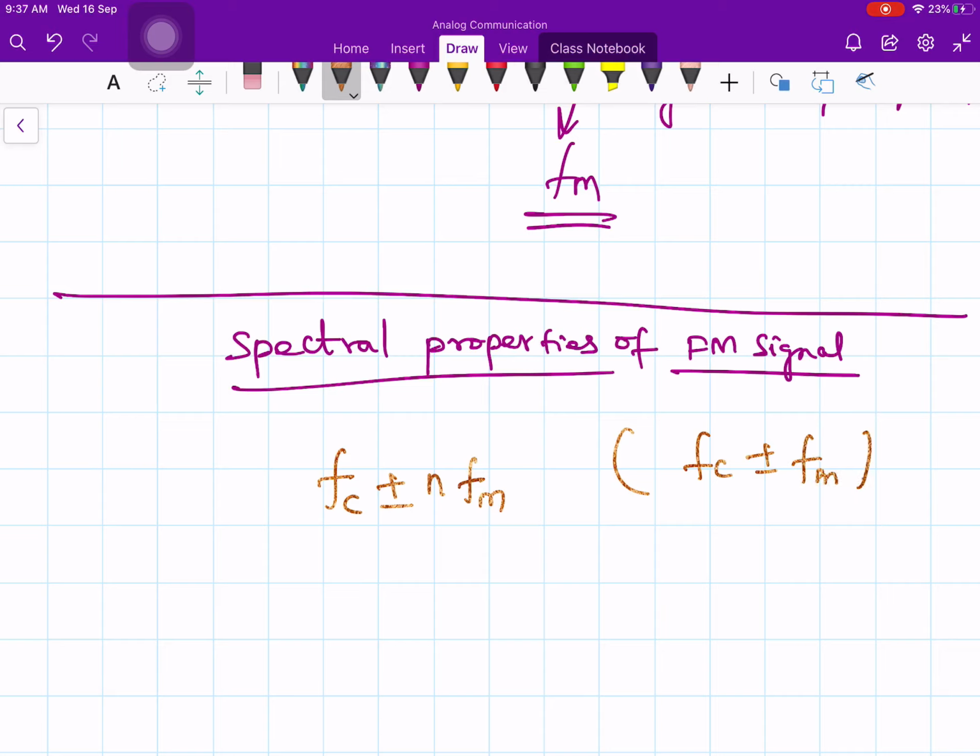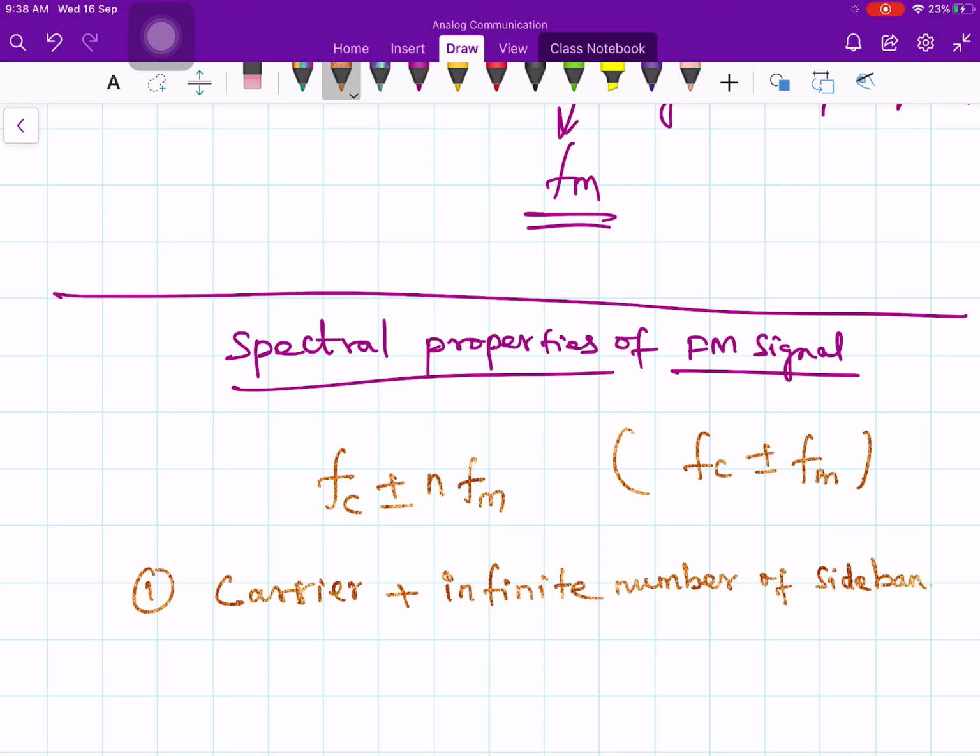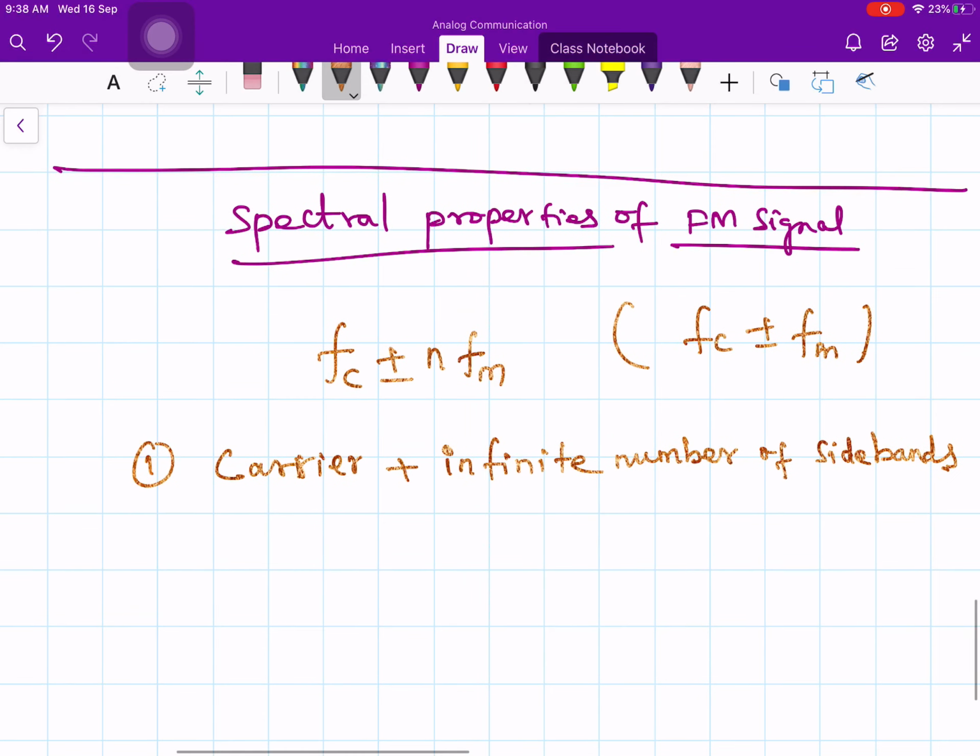So the first spectral property of your FM signal is that the modulated signal has a carrier plus an infinite number of sidebands, Fc plus or minus n Fm.